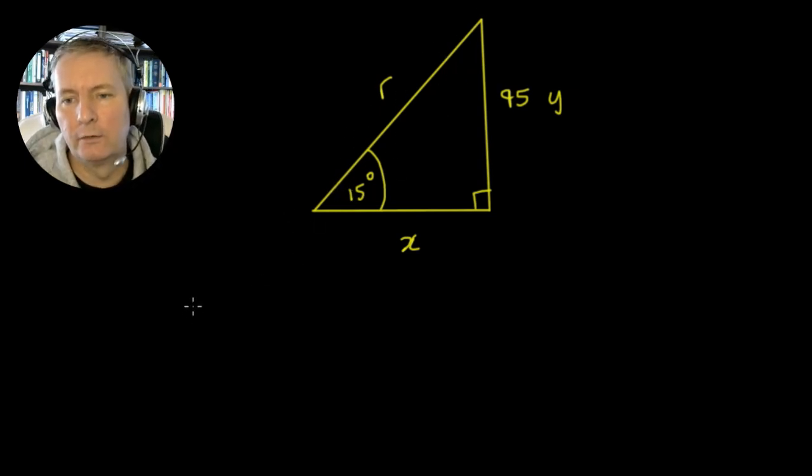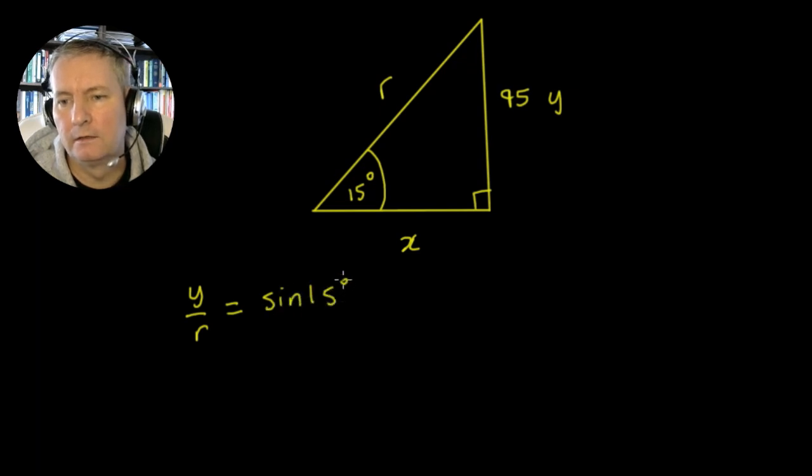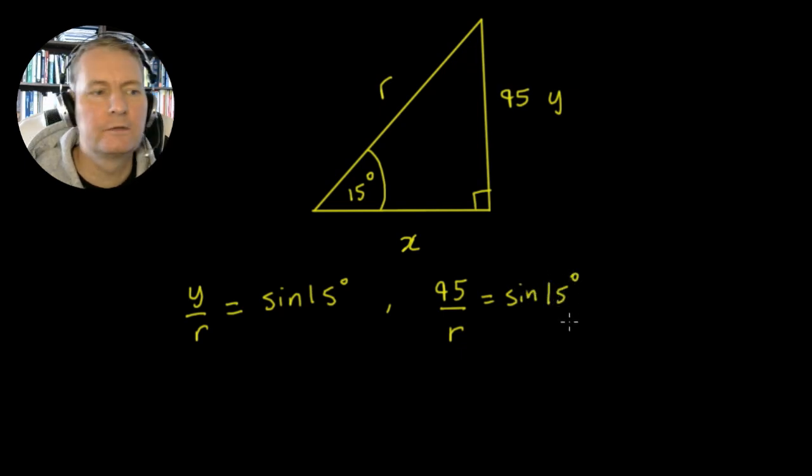Now we know from our trigonometry we can write y upon r is equal to the sine of 15 degrees. That is, we can get the ratio y upon r just by putting the sine of 15 degrees into our calculator. So therefore we're able to put the values in. For y it's 95, so we can put 95 upon r is equal to the sine of 15 degrees.